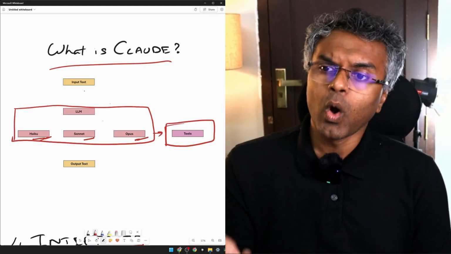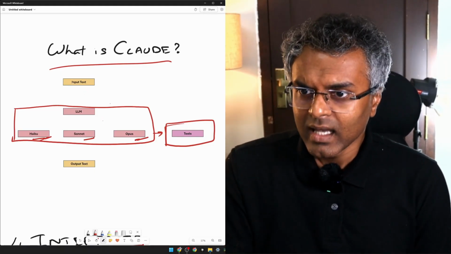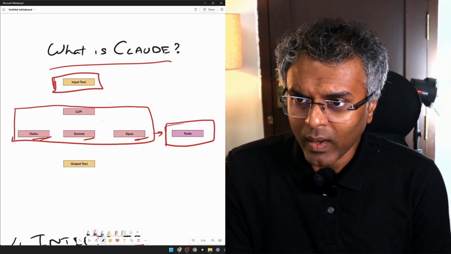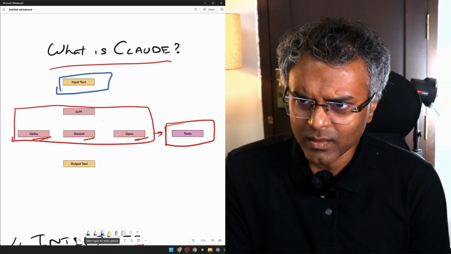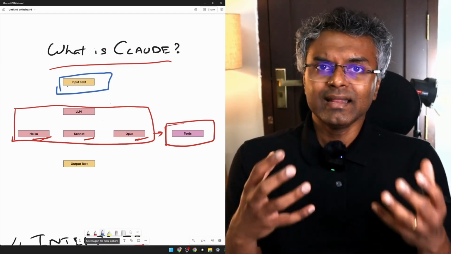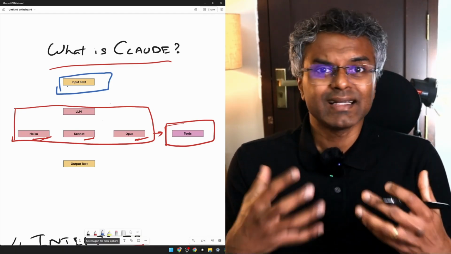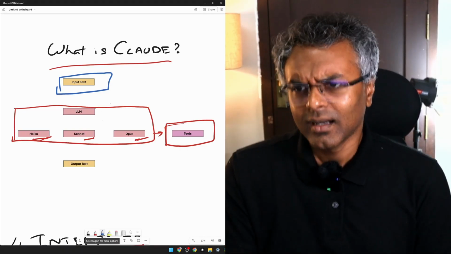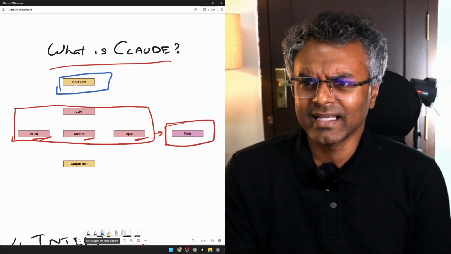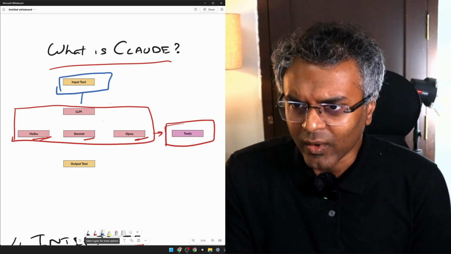The way this works is we as humans provide input. Let me change color. We provide input text, and this text is tokenized for the LLMs to understand, but for our understanding, we'll just say we give input text to the LLM.